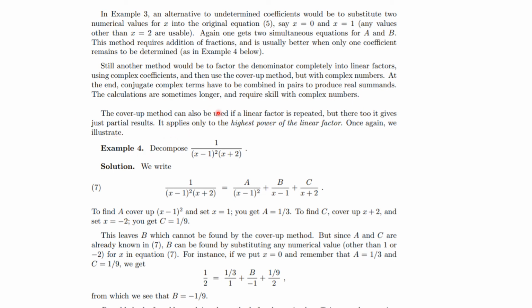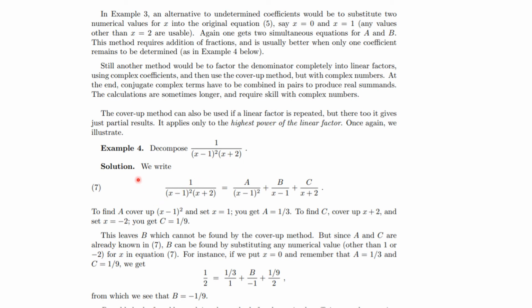The cover-up method can also be used if a linear factor is repeated, but there too, it gives just partial results. But again, it is worthwhile getting partial results. Let's jump right into our example. Here you see we have (x − 1) squared. So that is a linear factor, but it is (x − 1) squared. And this is x + 2.